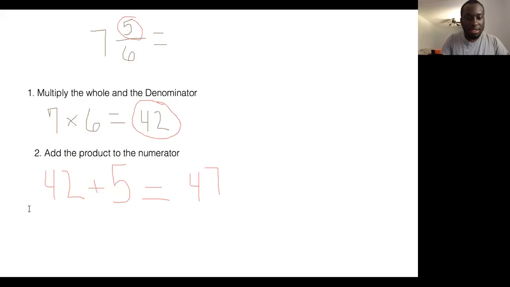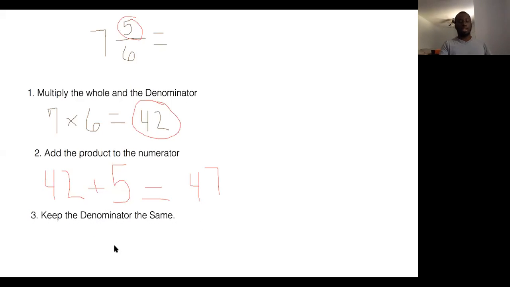Step 3 is to keep the denominator the same. Keep the denominator the same.